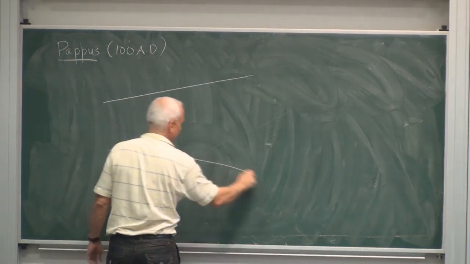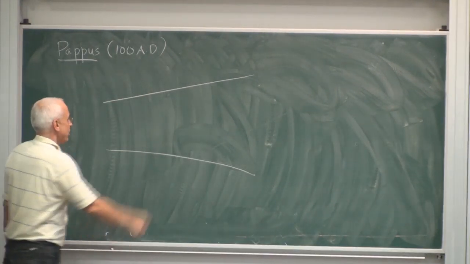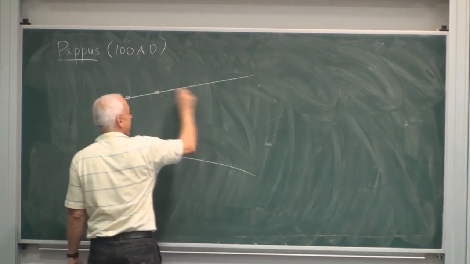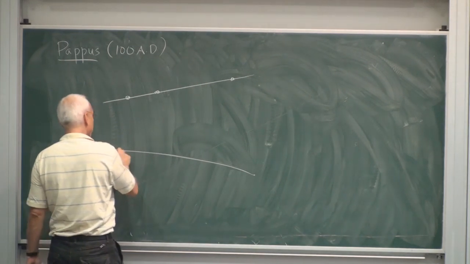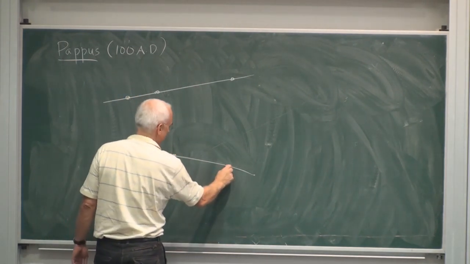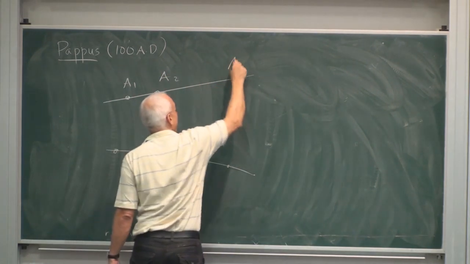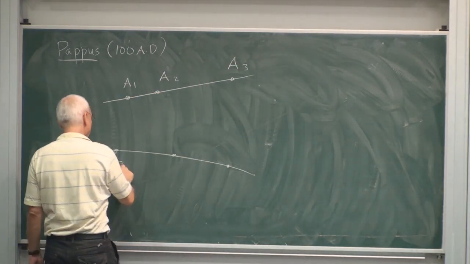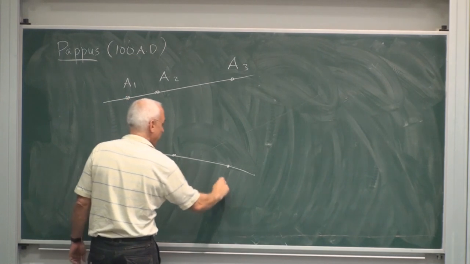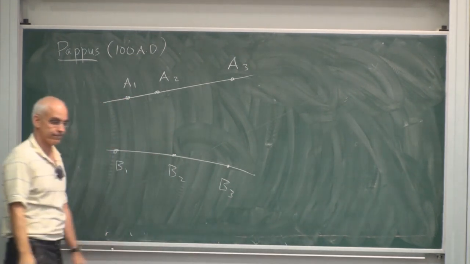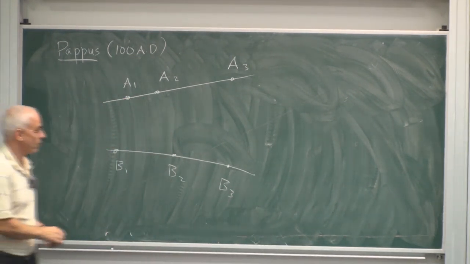You have two lines, and you have 3 points on one line, and 3 points on the other line. Let's call them A1, A2, and A3. And B1, B2, and B3.